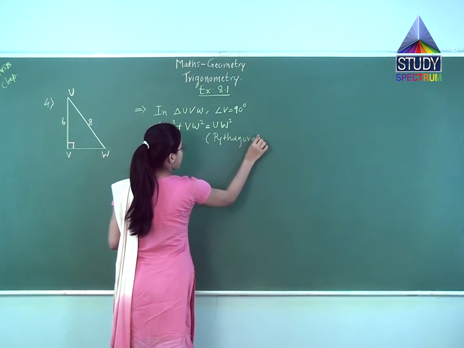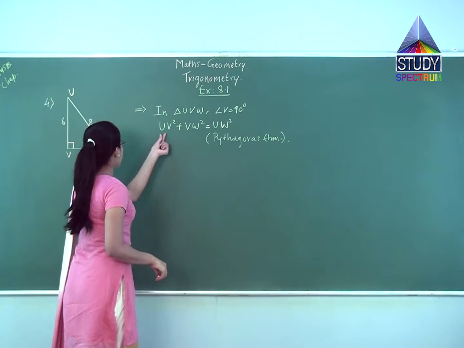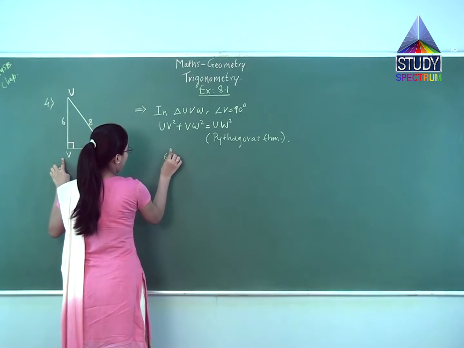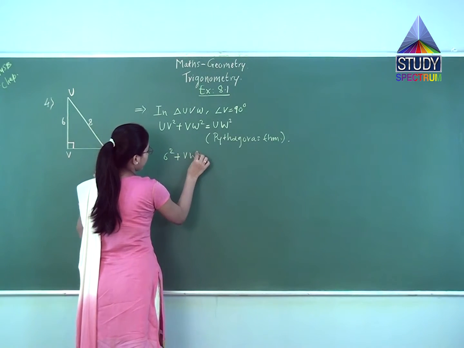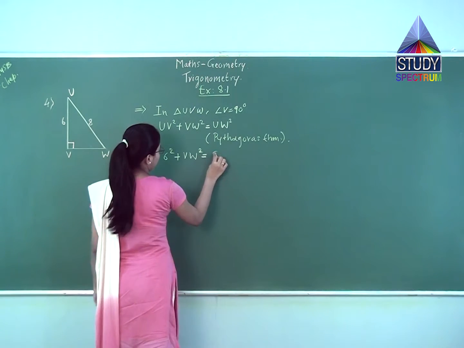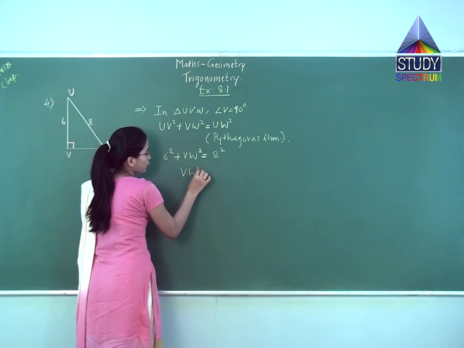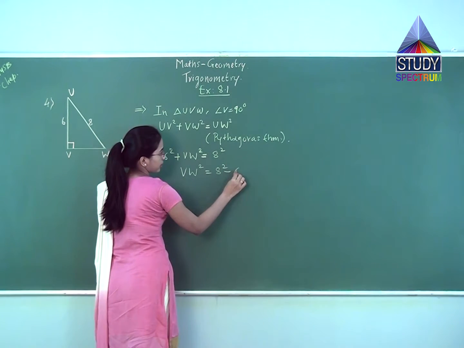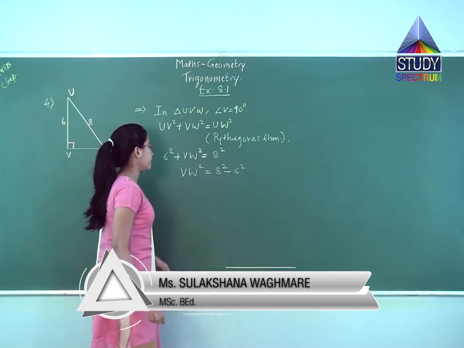Pythagoras theorem. So let us substitute values. UV we have 6. We don't know VW, so I will keep it like that. UW we have 8. So VW square is equal to 8 square minus 6 square. 6 square we will transfer to the right hand side.